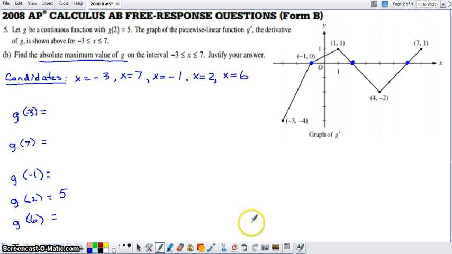So if I know that g of 2 is equal to 5, and I'm trying to figure out how much the function value has decreased, since the function is always decreasing as we go from 2 to 6, given the fact that the derivative is negative on that entire interval, think of this as a velocity graph. It's a derivative. The derivative that we've applied most frequently would be the first derivative of position, which is velocity.